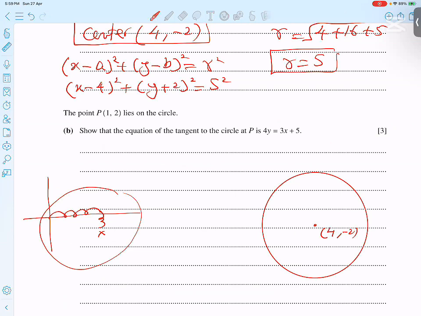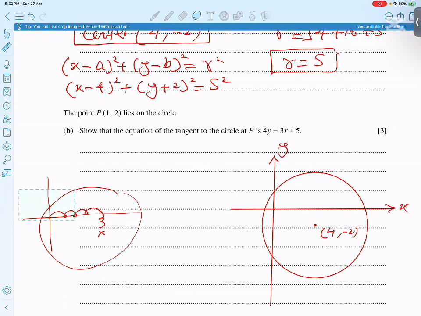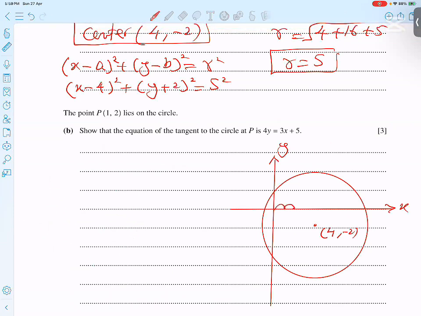Approximately the origin is coming here. It means 4 this way and 2 downwards. Clear. And basically, this is 5 and 5 and 5 and 5.